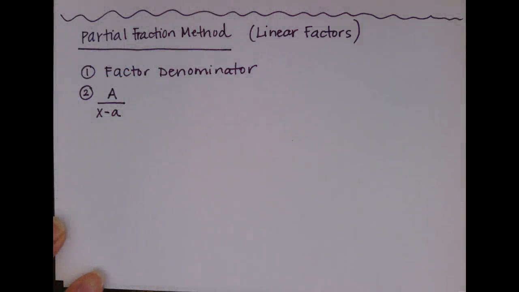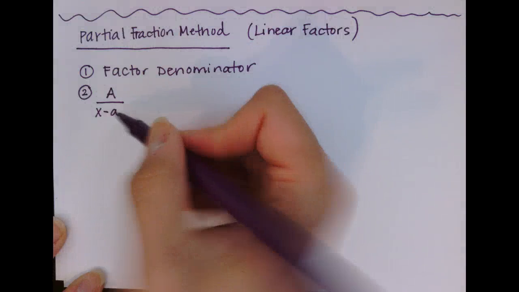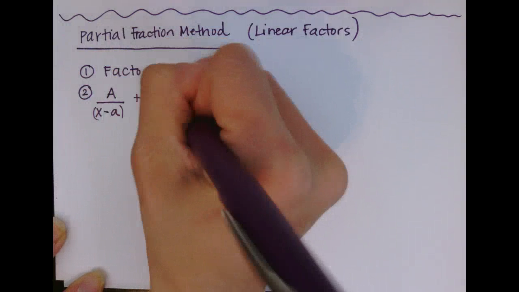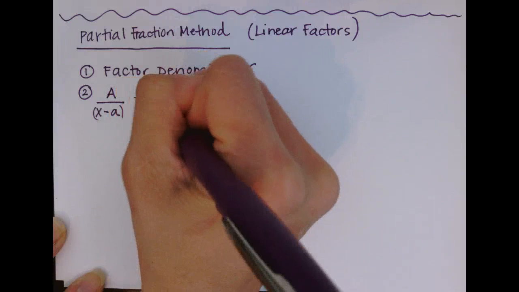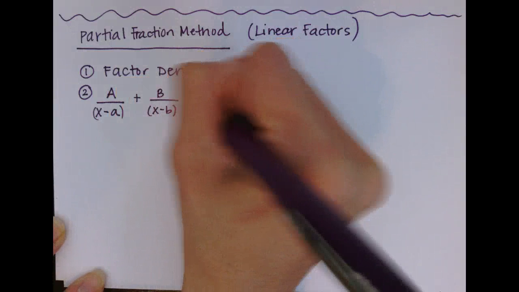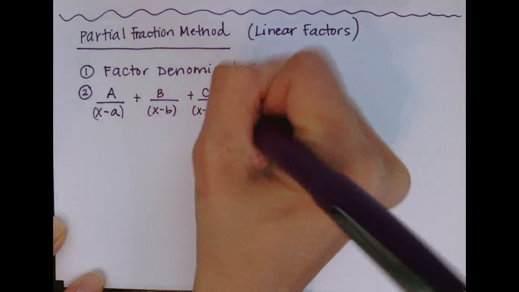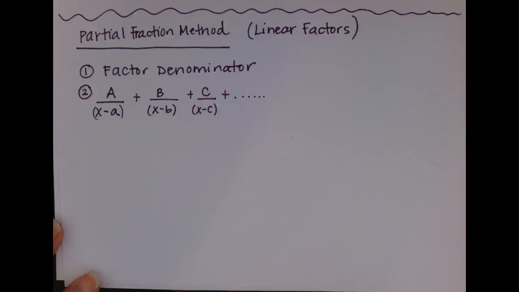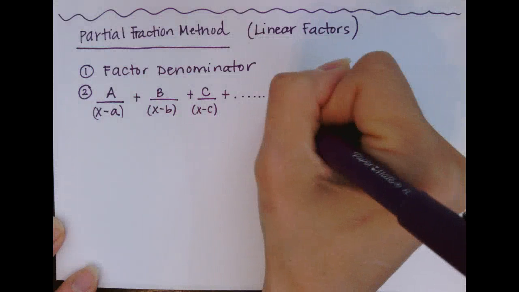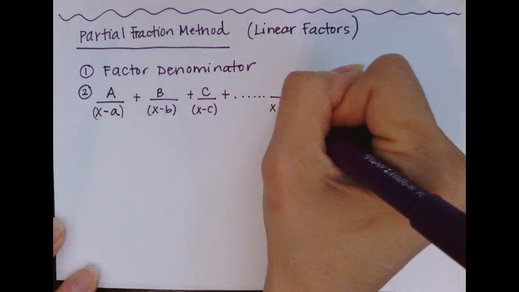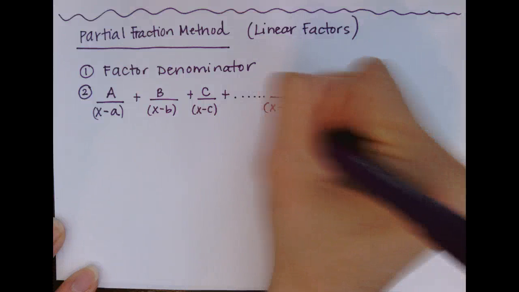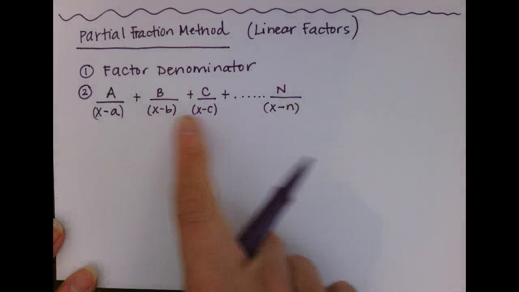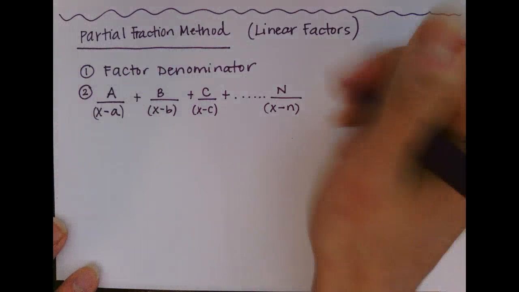So I'll have one fraction, capital A over the first factor, plus capital B over the second factor, plus capital C over the third factor, and then however many additional factors I need. It just depends on how many factors we create in our denominator.